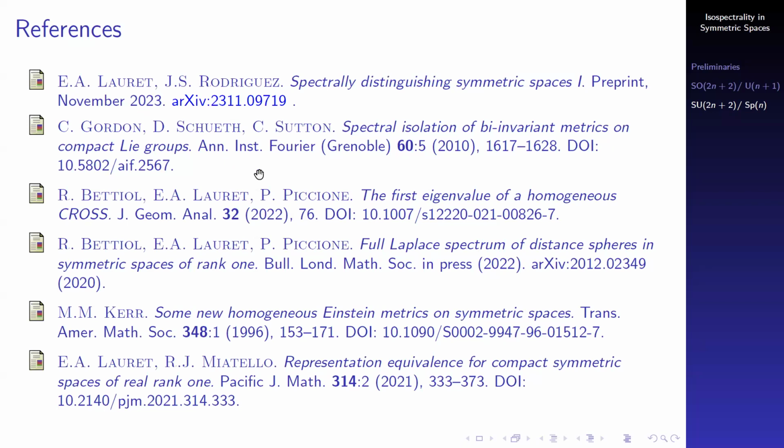As we say, this is the result for isolation of the invariant metric within the left invariant metrics. And these two, from Emilio Lauret and Piccioni, are for crosses. Those are the papers where they proved the uniqueness of homogeneous metrics within crosses.